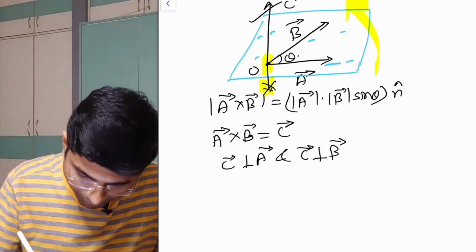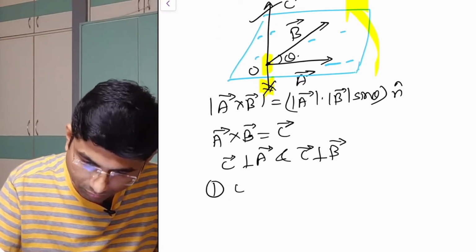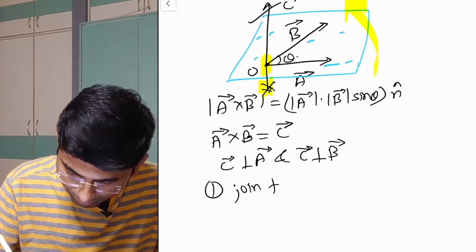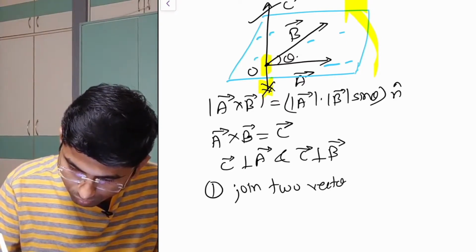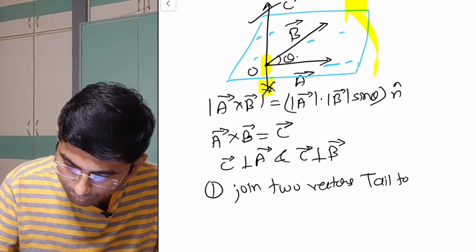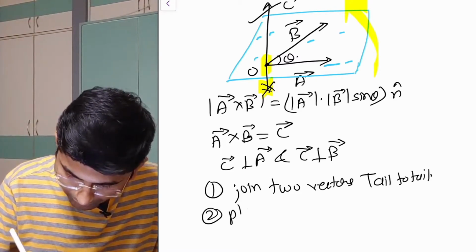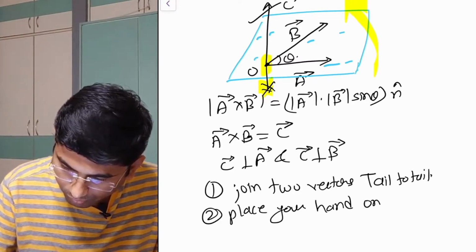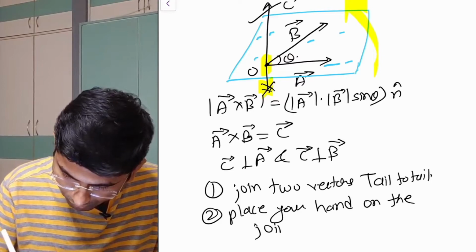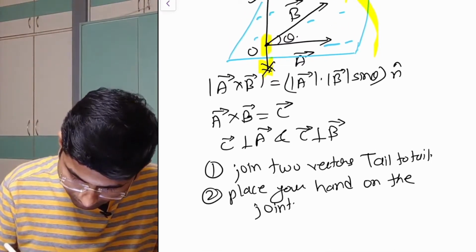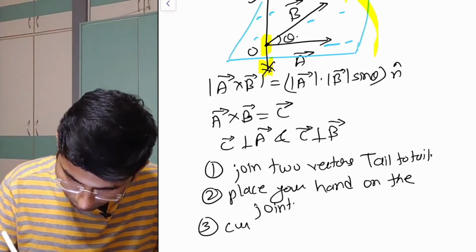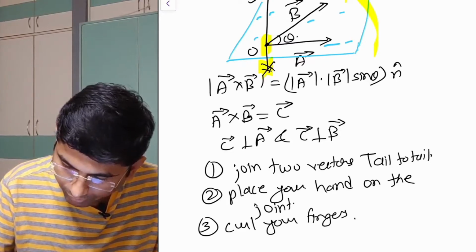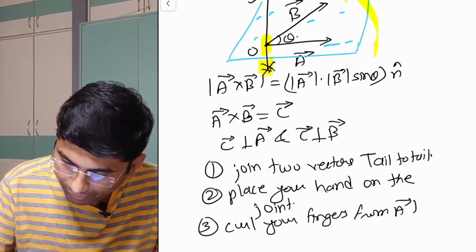So the stages will be: the first thing is, join two vectors tail to tail, then place your hand on the joint, and the third thing is, curl your fingers from A vector to B vector.